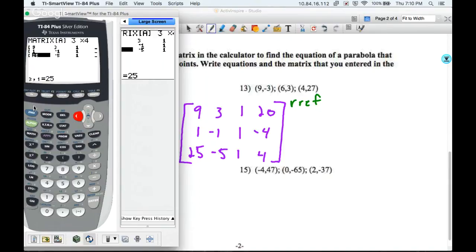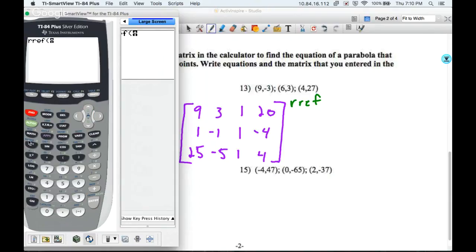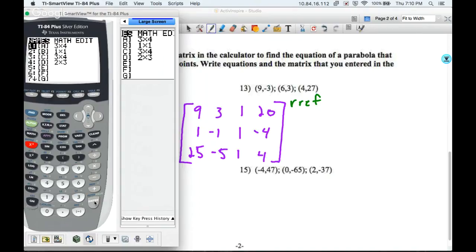Yep, all right. Let's get out of the matrix: second quit, back into the matrix, second matrix, over to math. Then we want to scroll up to reduced row echelon form. Enter into the matrix one last time, second matrix.